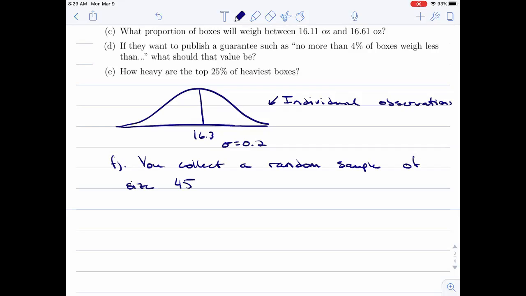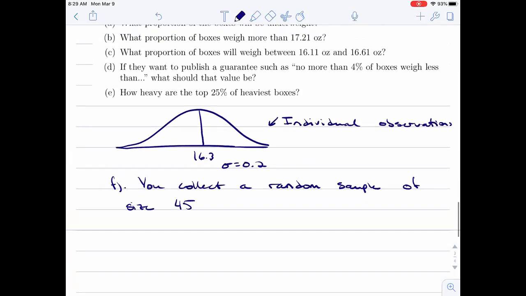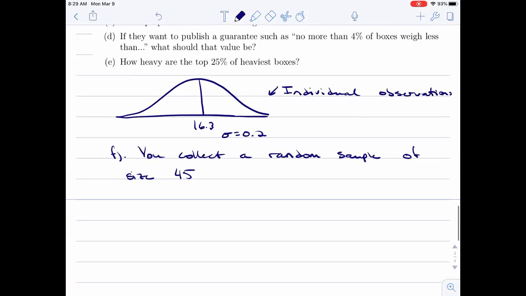I'm making it as generic as possible, right? Because this is just how it's always going to be. It tells you, okay, you collect a random sample of this size. That's just a statement, right? There's no question here.